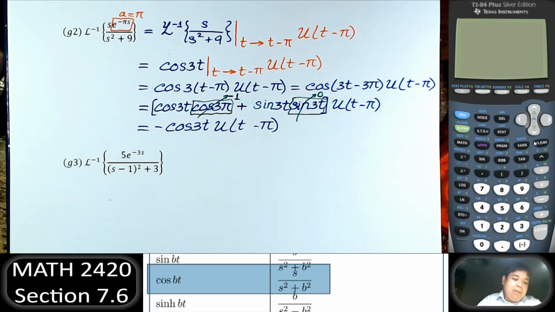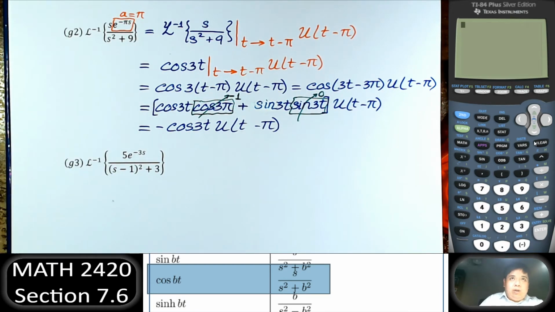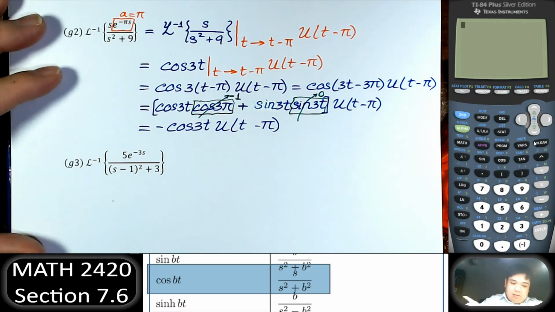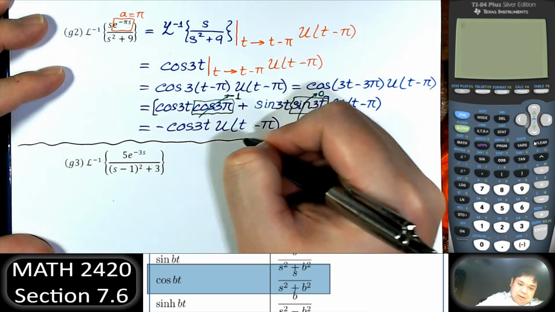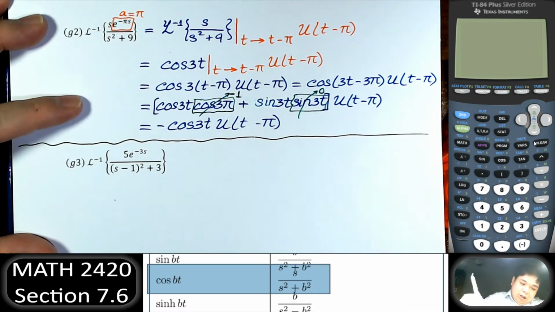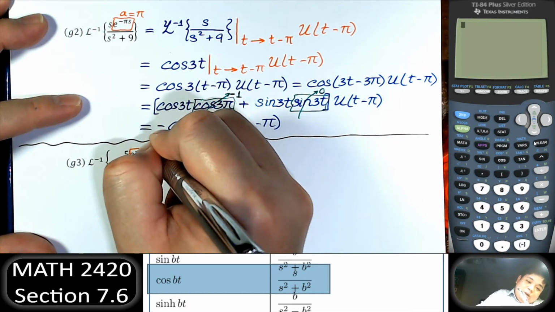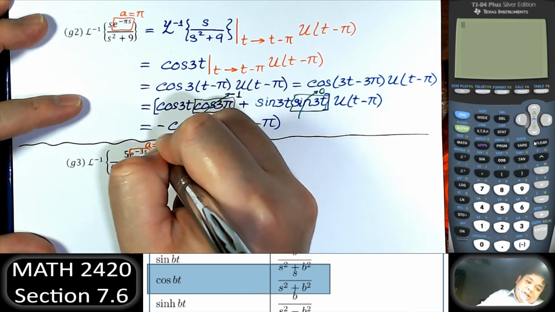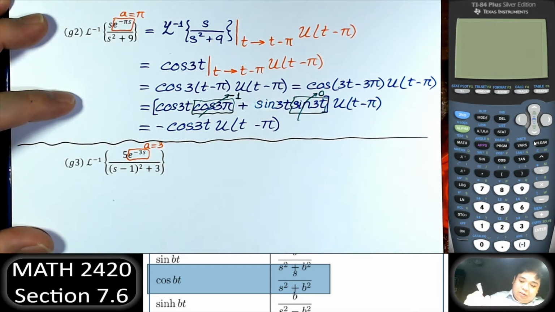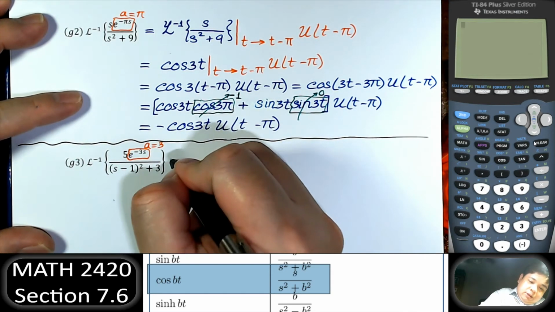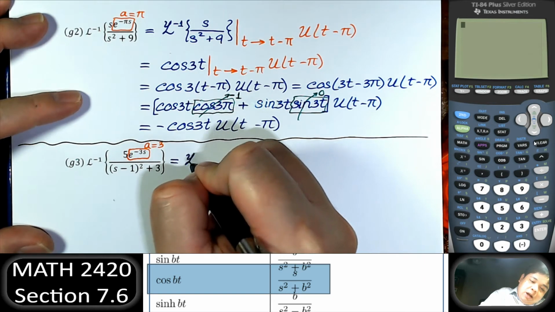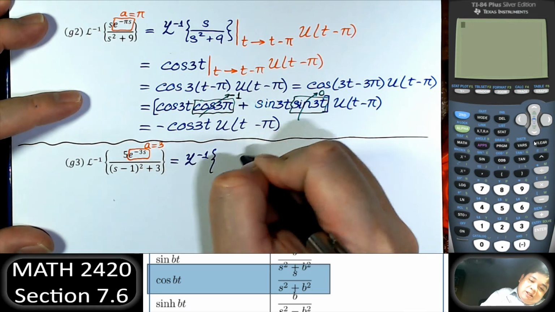Right. Next, we have this one. So if we ignore the e to -3s, by the way, that will be a is 3. Laplace transform of what's left.